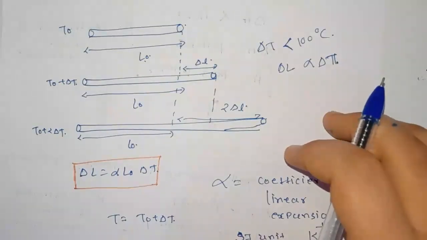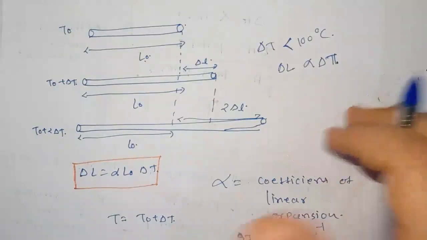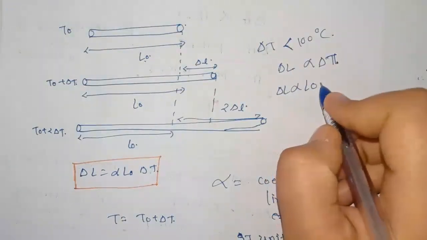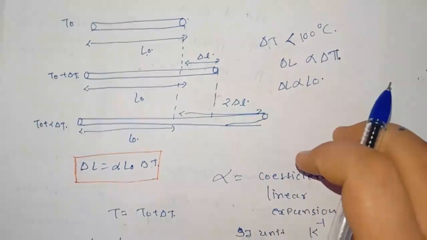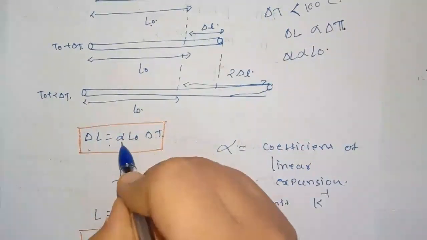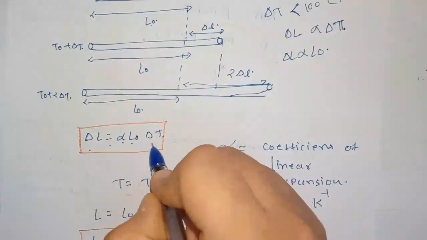Therefore, delta L must also be proportional to L0. Introducing a proportionality constant, we can write delta L is equal to alpha L0 into delta T.